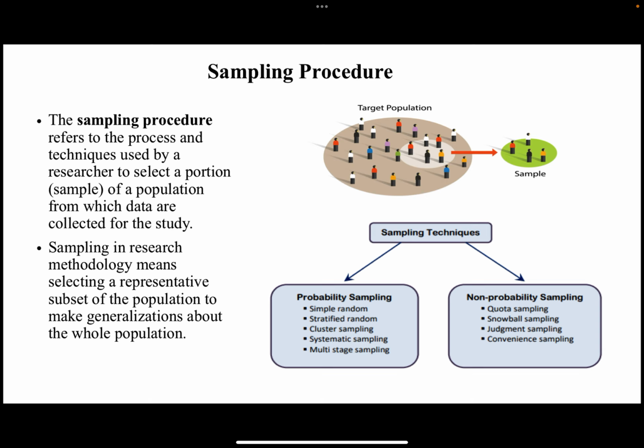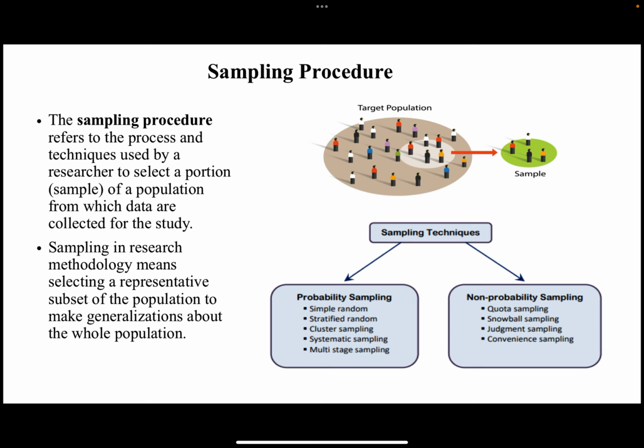So basically, sampling is a process and the techniques that are used by a researcher to select a portion called a sample from a larger group known as the population. Like I said, in simple terms, sampling means selecting a small group of people from a larger population so that we can study them and make conclusions about the entire population.